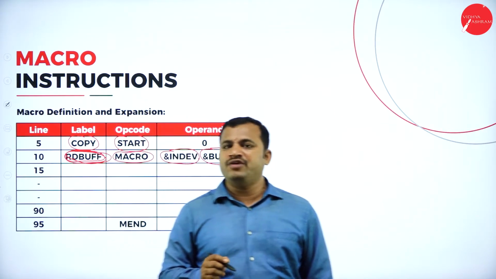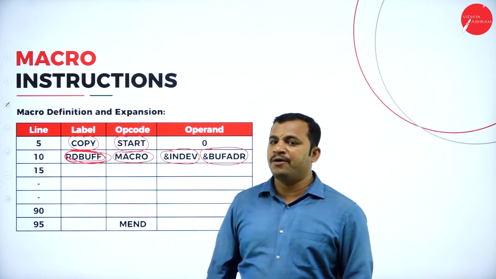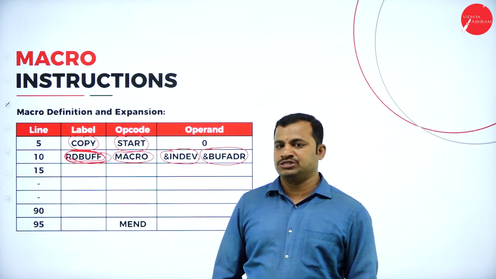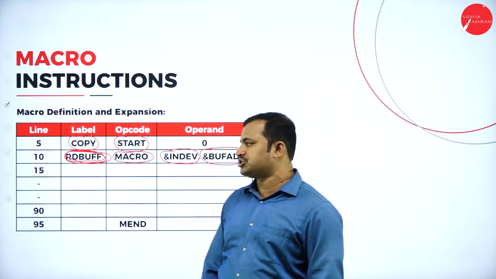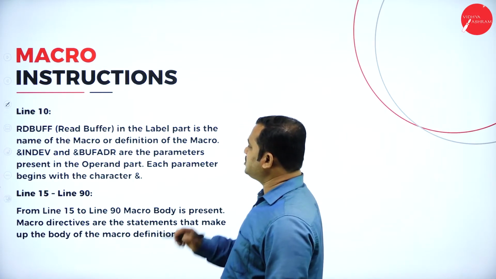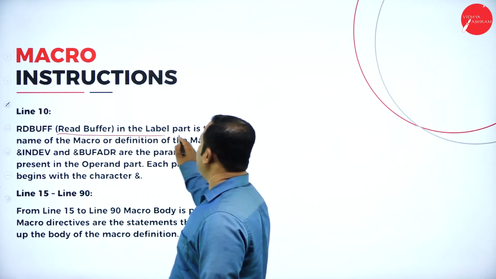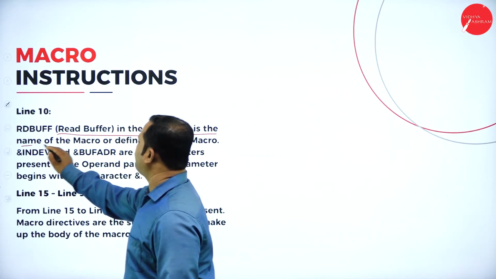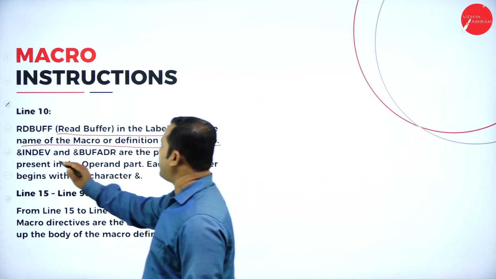That means we have the read buffer macro instruction. Let me show you the read buffer macro instruction here. This read buffer is the label part, the name of the macro or definition of the macro.